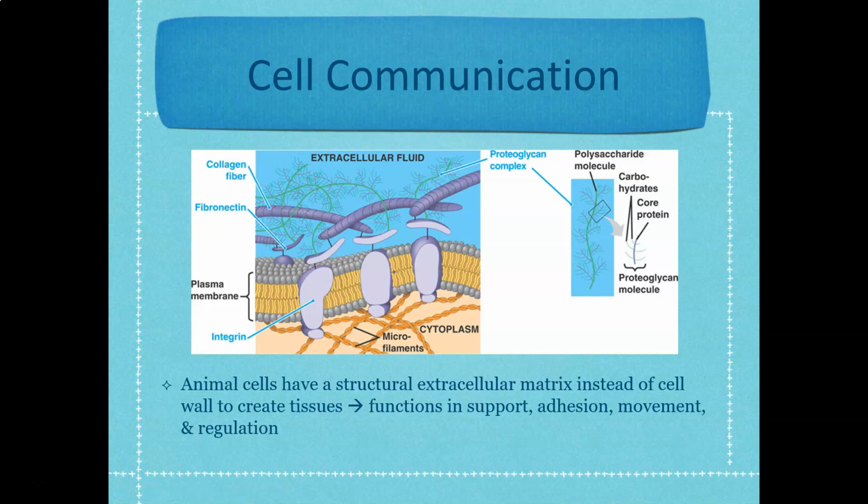And so that extracellular matrix functions as support, functions as the way for cells to adhere, that adhesion, they stick together. It's also going to help things to move around and to regulate each other. So some of those proteins are meant to be receptors to get communication signals in and tell the cell what to do, so on and so forth.